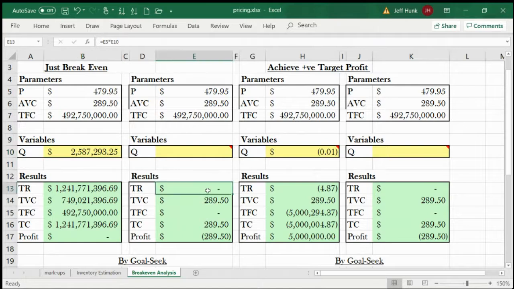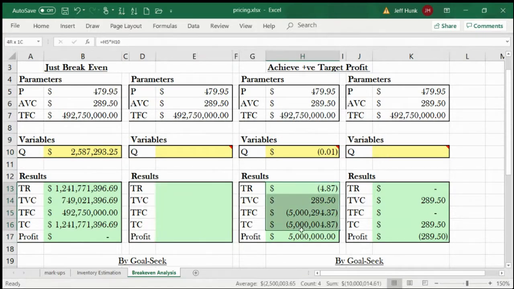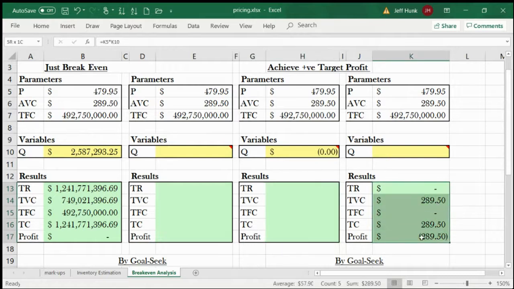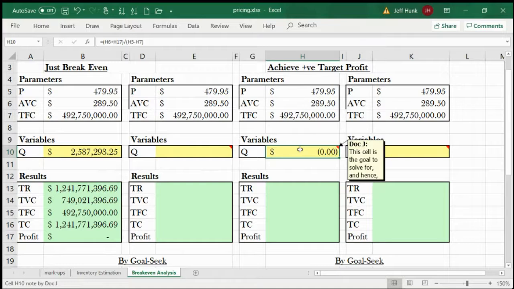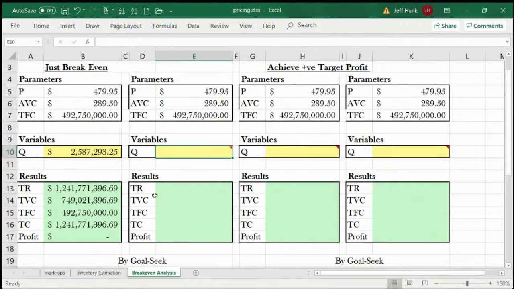Okay. Now everything is not correct here. That's why it is showing the right thing here. But here, we will have to do the same.